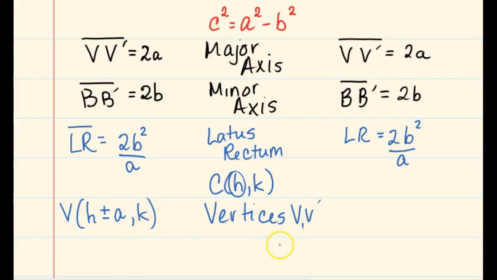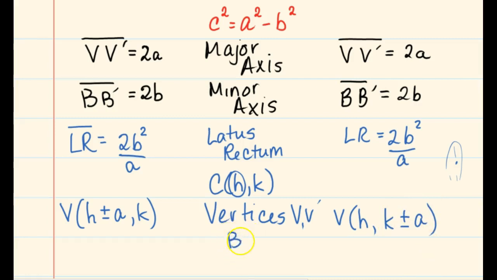That will give you the endpoints of your vertices, V and V prime. Over here on the vertical ellipse, what's going to change are the y values. So my vertices keep the same x value, and to the y value we add and subtract little a.